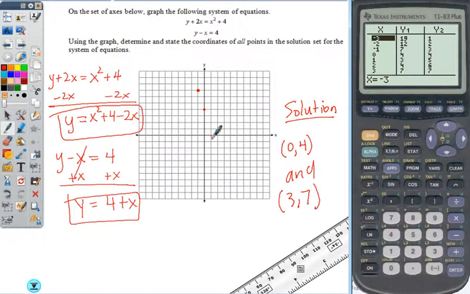I go over 1 and I go up 3. And then I start to see that the values start increasing again. So that means I'm going to be making this U-shaped graph, which is a parabola. So the next point is (2, 4), and then (3, 7).